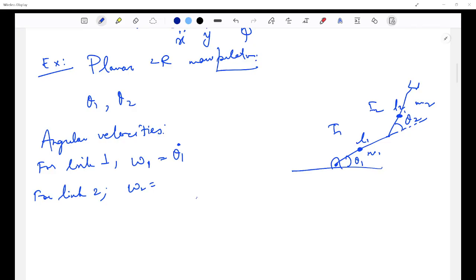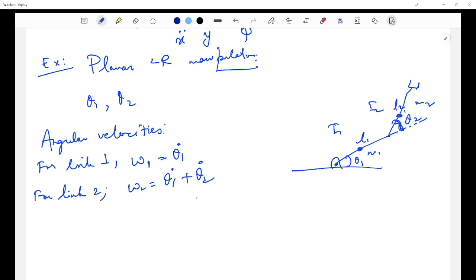Would it just depend on theta 2 dot, or would it be a combination of theta 1 and theta 2? Combination of theta 1 and theta 2. Right, very good. Because this is not independent, it depends on the movement of the first link as well, so it has to be a combination of both.